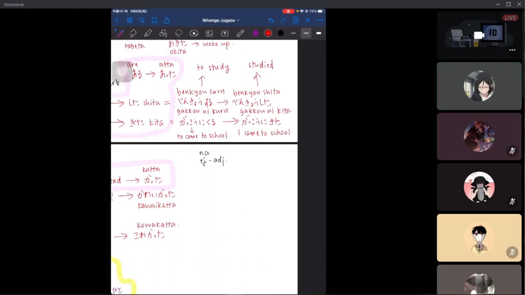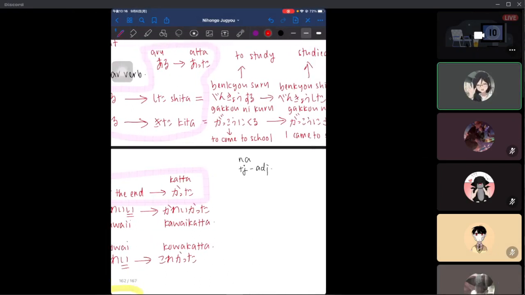So for a na adjective like kirei, we're using the da here. Kirei da. Kirei da. Which means you have to end the sentence with the na adjective.